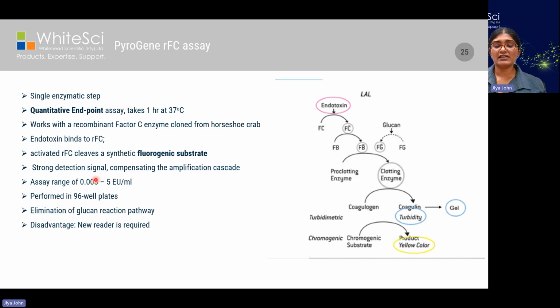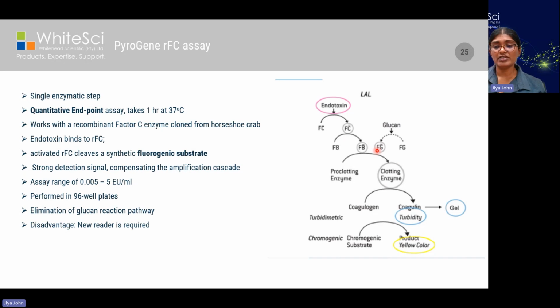The other thing I wanted to point out is that with the traditional lab assay, there is an issue of glucan contamination coming into play, because glucan is a contaminant that you can find in manufacturing processes. This glucan can interfere with the traditional lab assay, giving us false positive results.